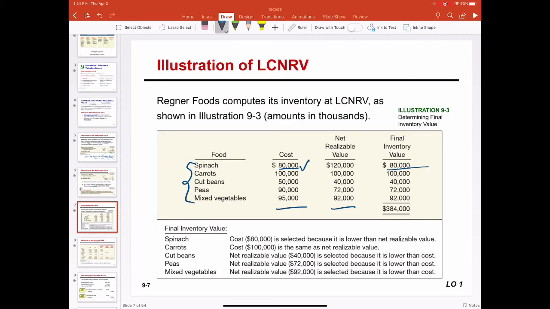Carrot, 100 book value is equal to the NRV, so it doesn't matter which one we use because they are the same. Cut beans, the book value is greater than the NRV, so we're going to use the lower one. Peas, book value 90, NRV 72, so we use 72. Mixed vegetables, book value 95 is greater than NRV, so again we use NRV. We sum all of them, so that's the new book value of this inventory.